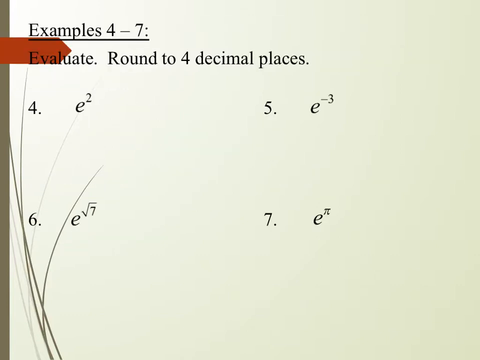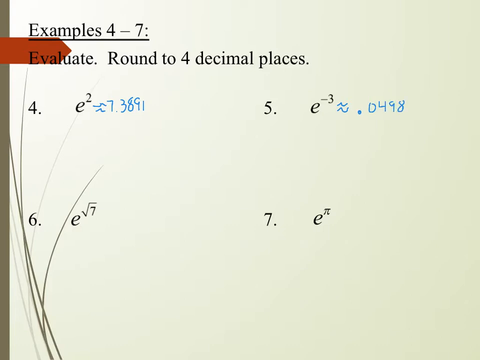So in examples 4 through 7, we're going to actually look at e rounded to 4 decimal places. So for example, e squared is approximately equal to 7.3891. E to the minus 3, if you did this on your calculator, would give you 0.0498.